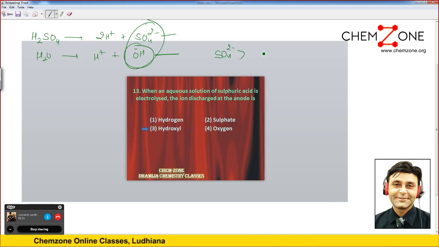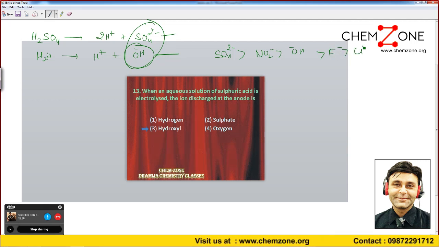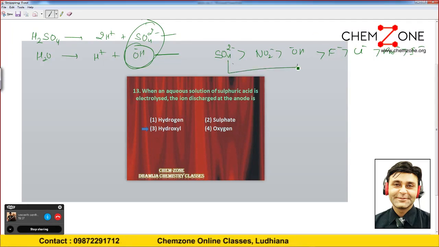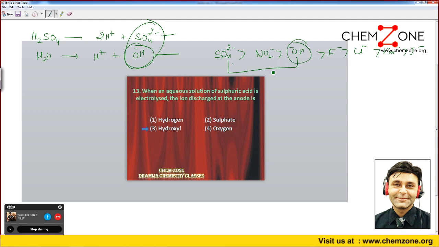Maximum for the sulfate ion, then nitrate ion, then OH ion, then fluoride ion, then chloride ion, then bromide ion, then iodide ion. So out of the sulfate and the OH ion, which requires less discharge potential? OH requires less discharge potential, so that will be discharged first.